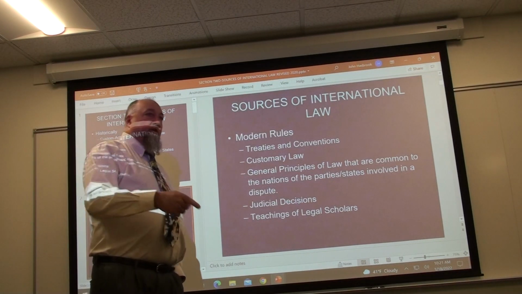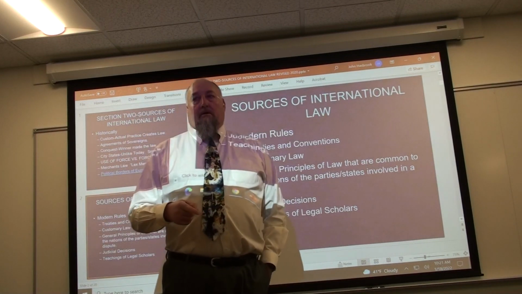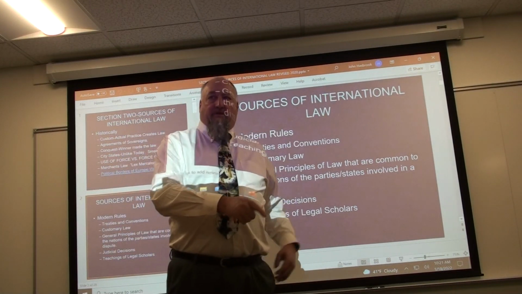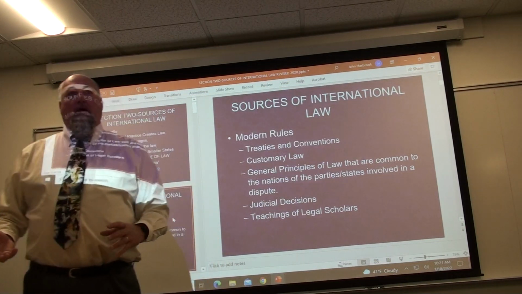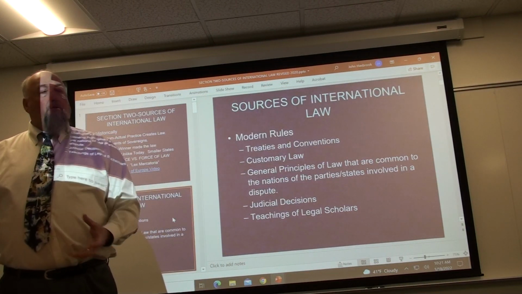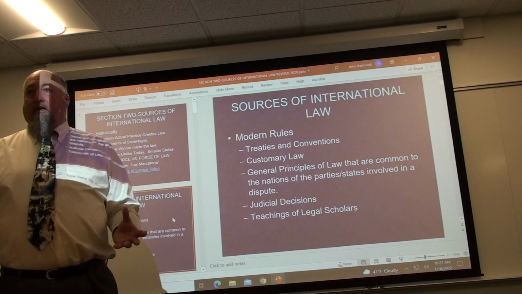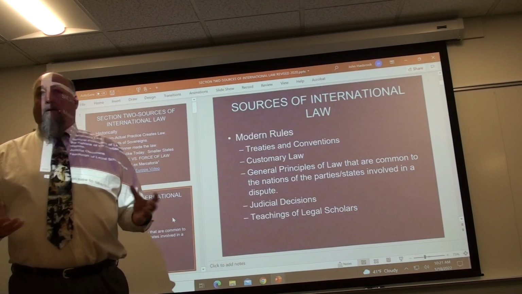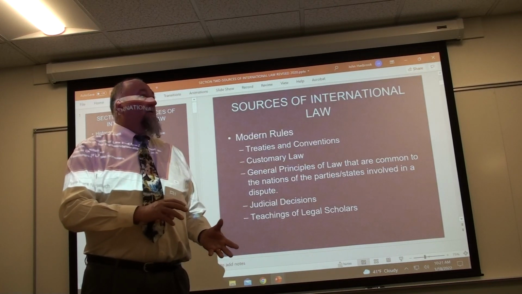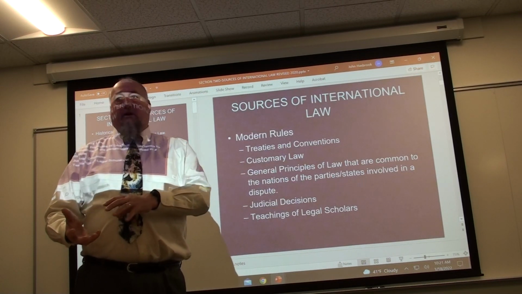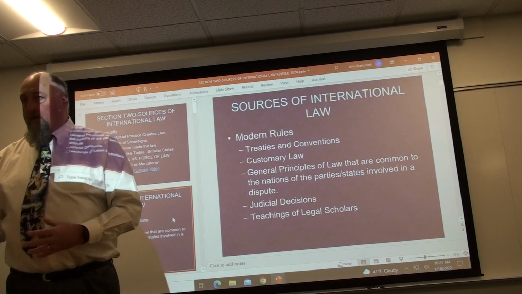Do they apply the law of country B? Historically, if country A was a common law country and country B was a civil law-based country, they may have very different rules. Same thing in international contract law. Common law rules in contract law are very different from civil law-based country contract law.